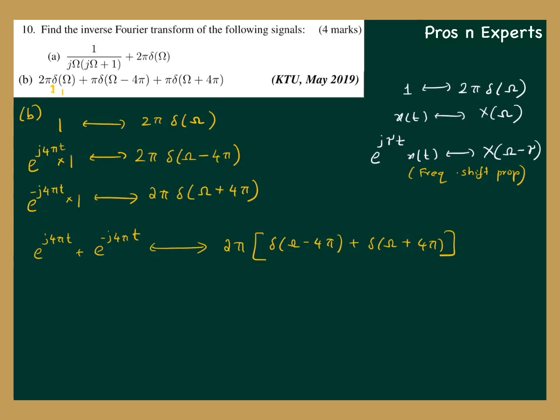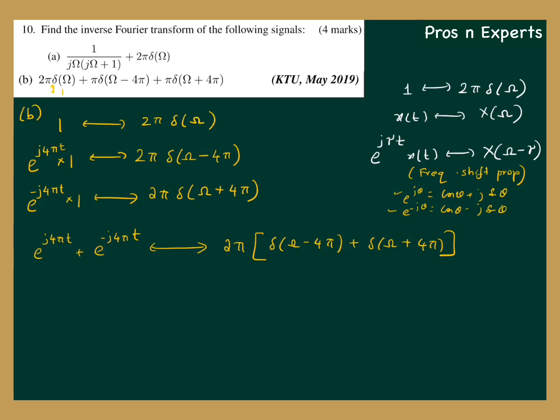Now what is the LHS? It is the magic expression in signals and systems, right? e raised to j theta is equal to cos theta plus j sin theta, and e raised to minus j theta is cos theta minus j sin theta, and when you add e raised to j theta plus e raised to minus j theta, you will end up in 2 cos theta.